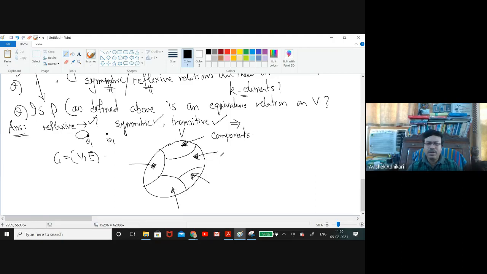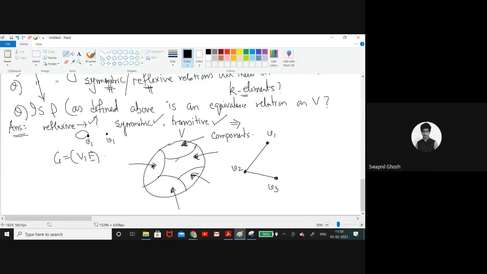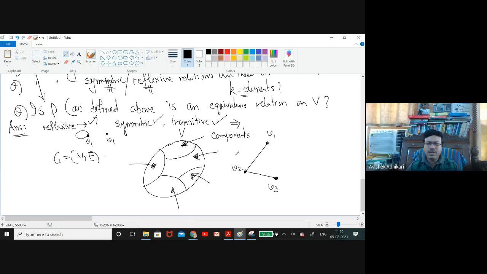Each of them is called a component. For example, if I have this graph with v1, v2 and v3, how many components are there? One. You can understand that there is only one equivalence class, because from this vertex you can go to any of the other vertices.